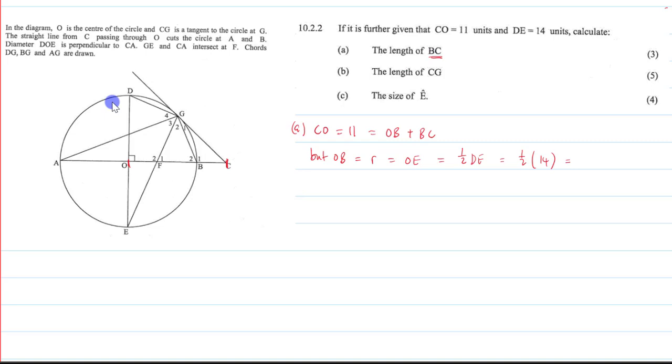So it follows that OB is equal to 7 units. Okay, so what I'm saying then is 11 is equal to 7 plus BC, and you can see this by inspection then that therefore BC must be equal to 4 units.